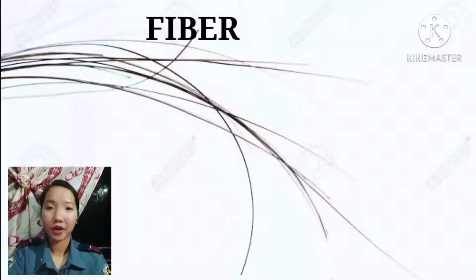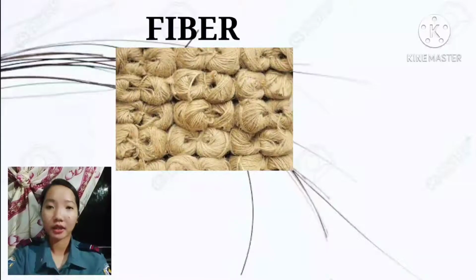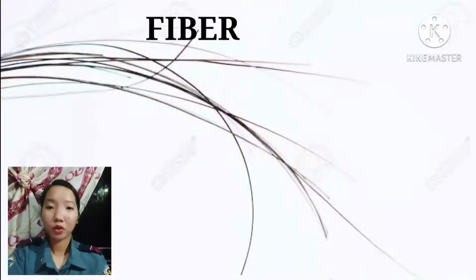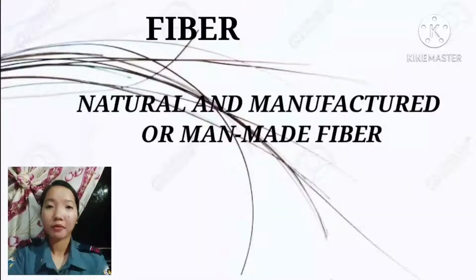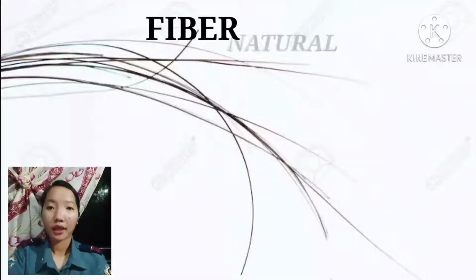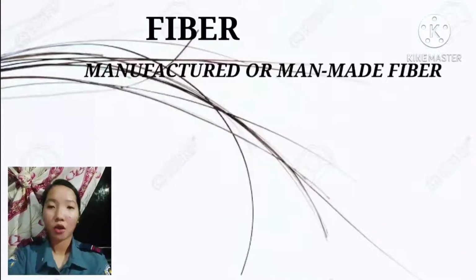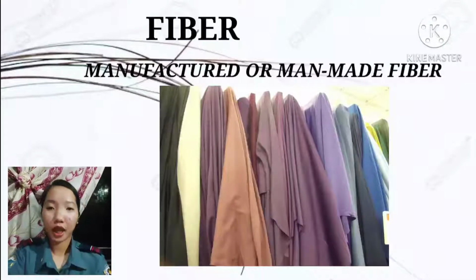Next is the fiber. Ito ay ang pinakamaliit na textile materials. We have two classes of fiber, the natural and manufactured or man-made fibers. The natural comes from the nature, and the manufactured or man-made or synthetic fiber ay na-produce gamit ang chemical reactions such as nylon, polyester, and rayon.